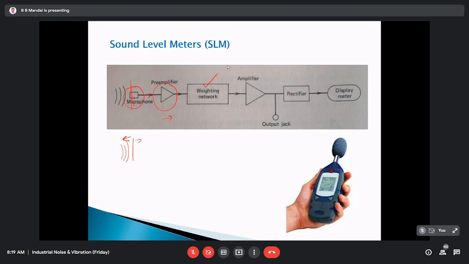A weighting network. If I select the A weighting network, then what will be its function? It processes the signal that is coming through the preamplifier and going further towards the end for recording.